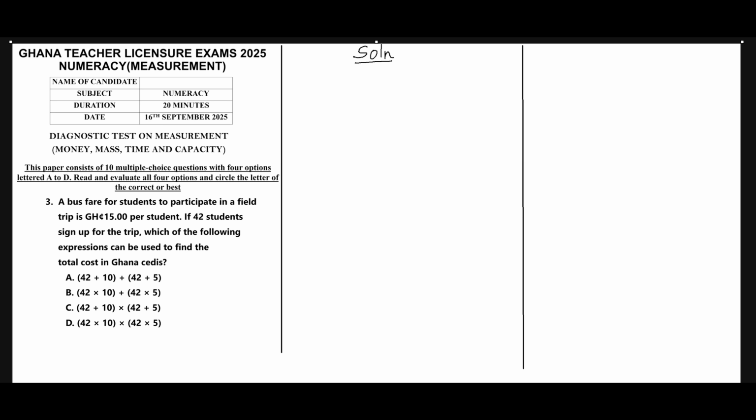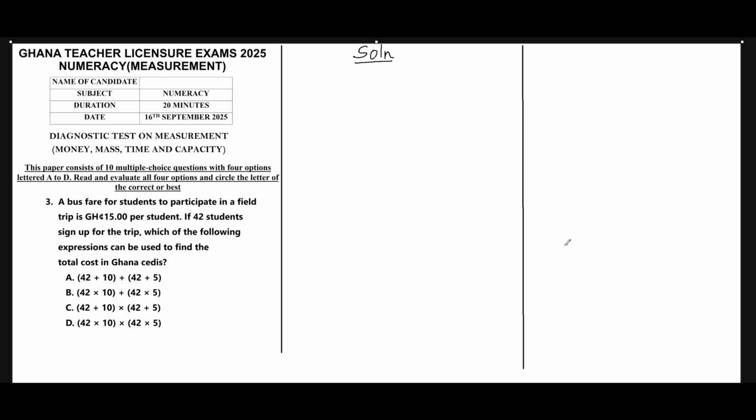In other words, 42 students agreed to participate in the field trip. And we know that the cost per head is 15 cedis. That is, each student is supposed to pay 15 Ghana cedis. So first of all, let's calculate the total cost of the 42 students.